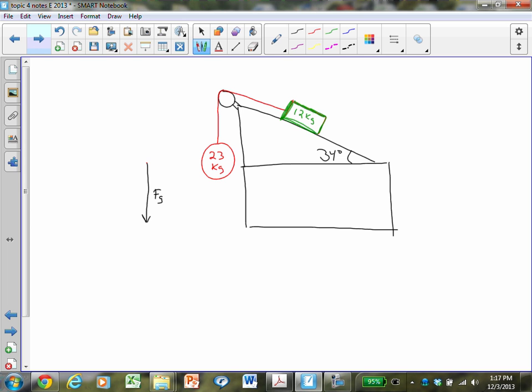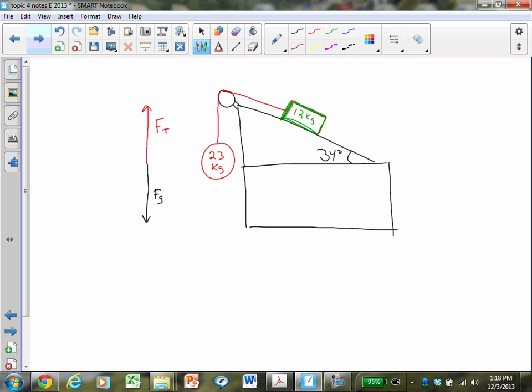There's nothing supporting it. What's that force called? Think of what's holding it up. What? Tension force, yes. Oh, the whole system's in equilibrium. Okay, it says that.